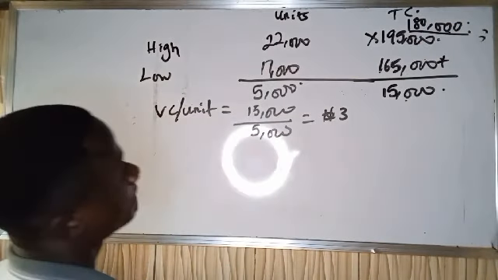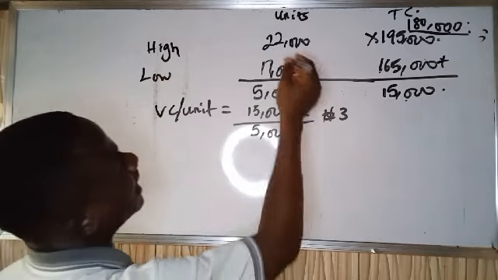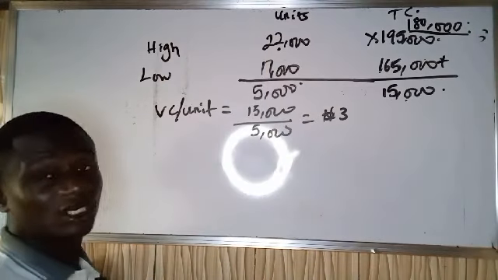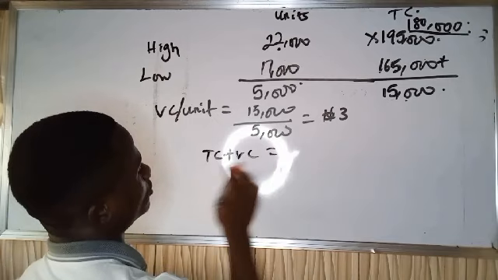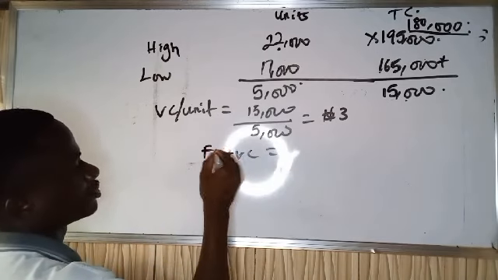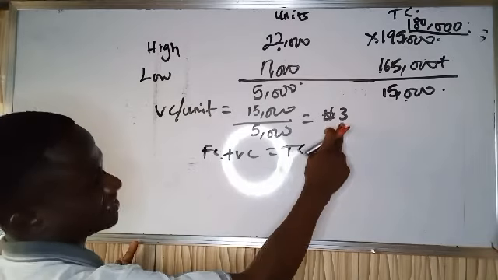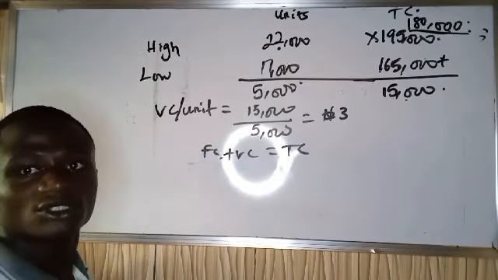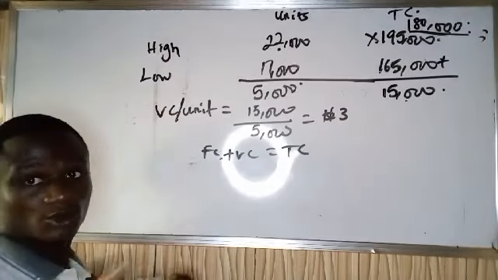So let's go. We now say my total cost is 180,000, right? And the units I produce are 22,000. So I know that fixed cost plus variable cost is equal to total cost. Now my variable cost per unit is 3. My fixed cost is what I want to find, right?